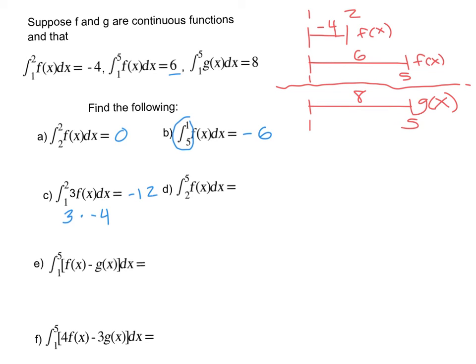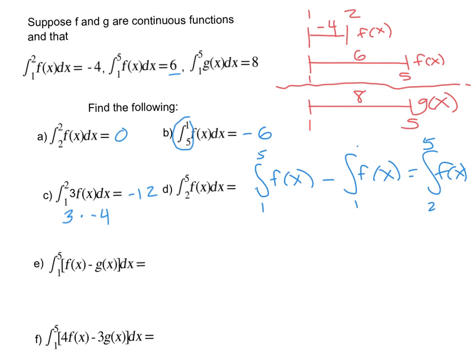All right, 2 to 5. How are we going to do 2 to 5? Well, 1 to 2 is -4. So if we break this up into 1 to 5, f of x, minus 1 to 2, f of x, we're taking off the 1 to 2 and getting that 2 to 5.